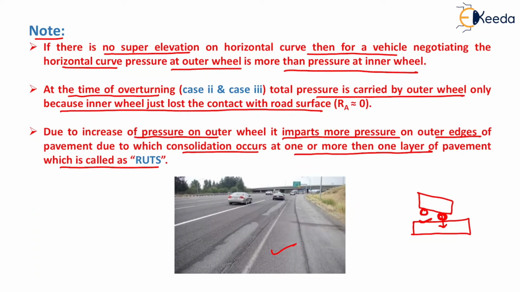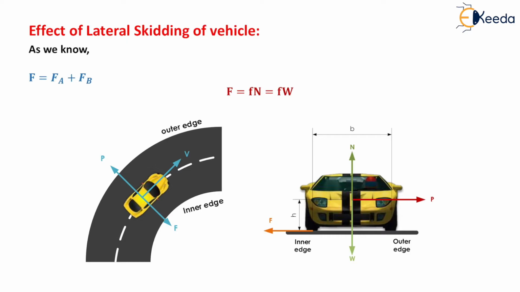Due to the large pressure on the outer wheel, rut formation will be developed on the pavement, which is shown here. Now the next effect is the effect of lateral skidding of vehicle due to centrifugal force. If the vehicle is moving on a horizontal curve like this, then there will be a lateral skidding force acting in this direction, that is known as centrifugal force.